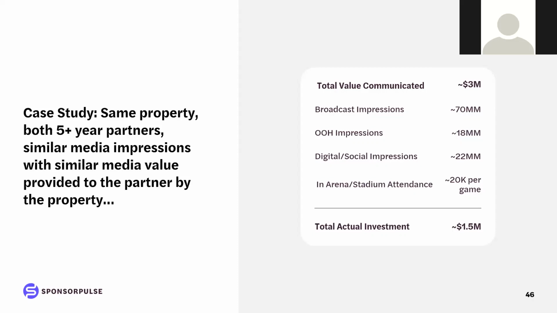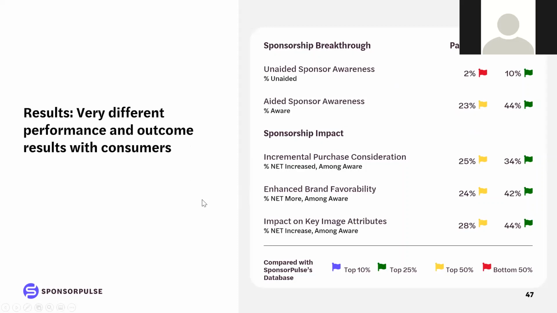It was the same year at the same time that we measured both of these clients for the same property. What we found is same spend, same return, but very different results going from partner one to partner two. Partner one wasn't paying out. They weren't breaking through to the degree we'd like to see relative to our database, and certainly not to the degree that partner two was.